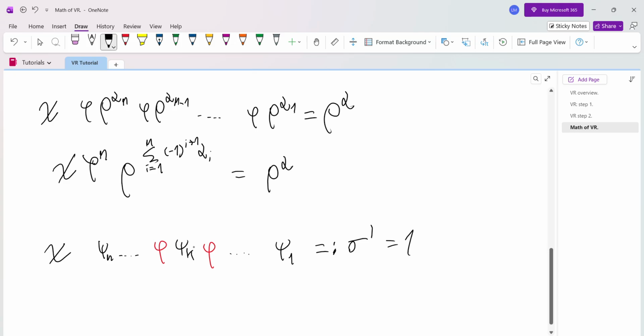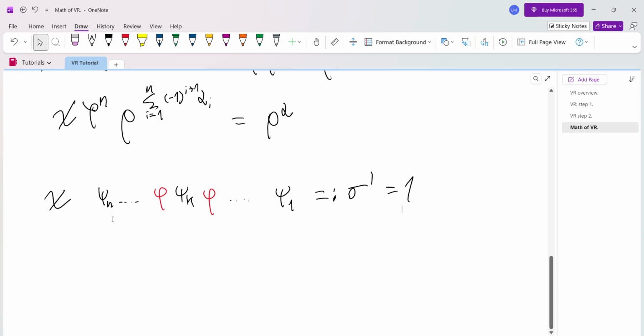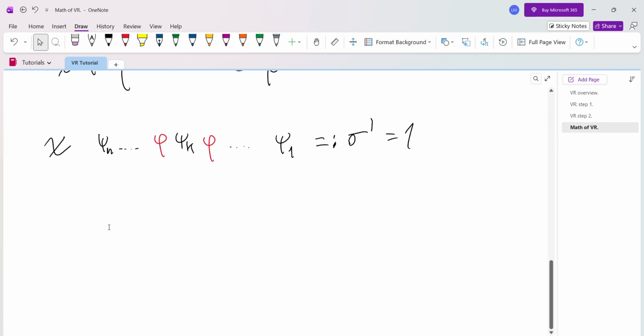Obviously, this isn't always possible, but we're just working under a simplified assumption for now, because I just want to show you how the thing works without dying of notation. As an exercise for the viewer, do the general case.